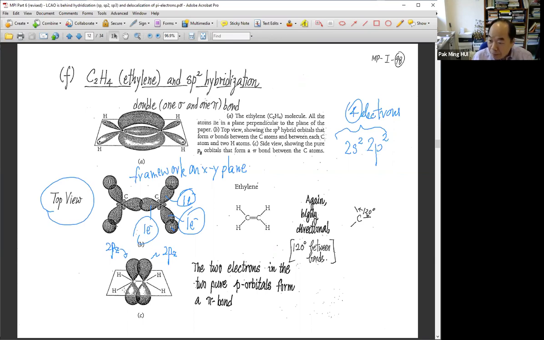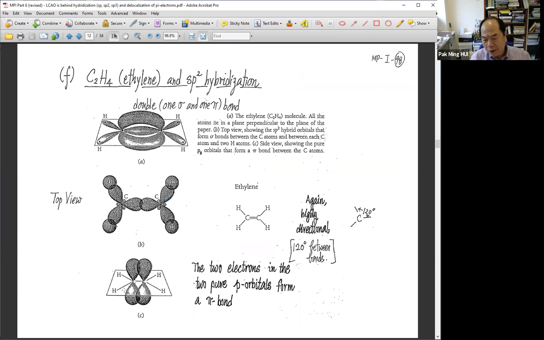Okay, so that is the big picture. All right, so now we want to understand something: why is there this very strong framework on the XY plane? How does this 120-degree angle come about? So that is the question we want to answer.